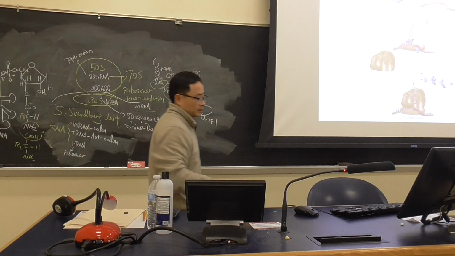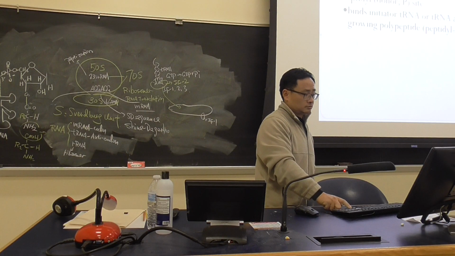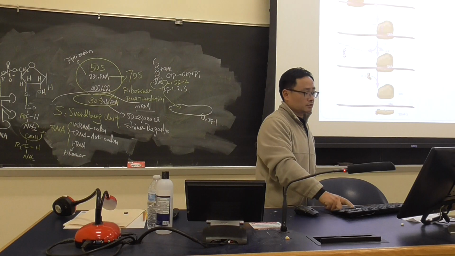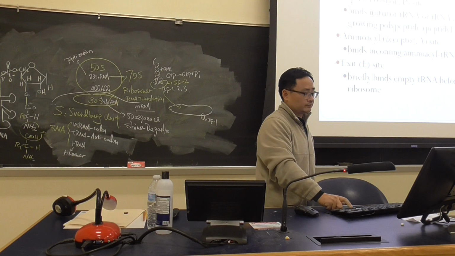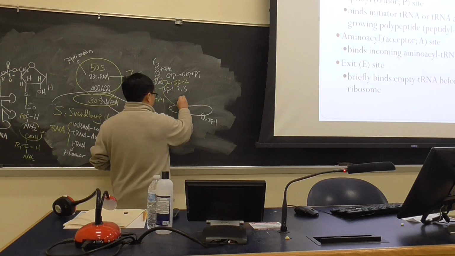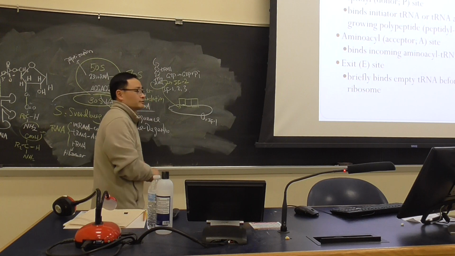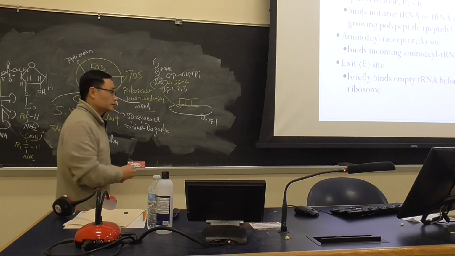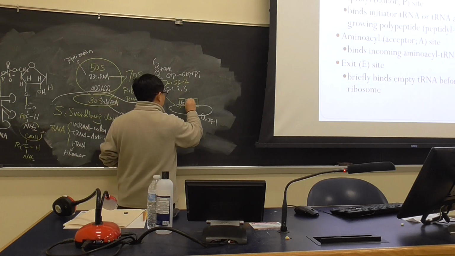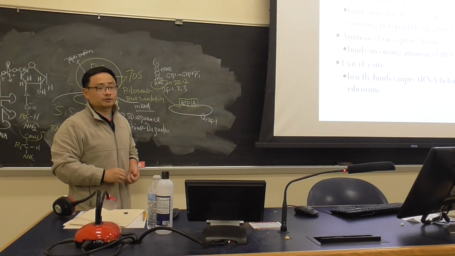Okay, once they come in, it is interesting. There are 3 locations. And inside here, there are 3 locations. What are the names of those 3 locations? That's called the EPA. That's not the Environmental Protection Agency.